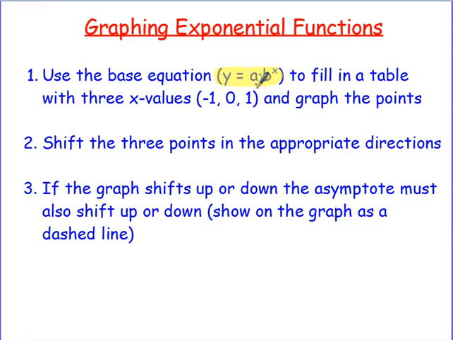There may or may not be an extra number here, but the base equation ends with x. And you're going to fill in that table with 3 specific x values every time. Those 3 x values are always -1, 0, and 1. And you're going to graph those 3 points. If the 3 points go up, it's going to be growth. If the 3 points go down, it's going to be decay.